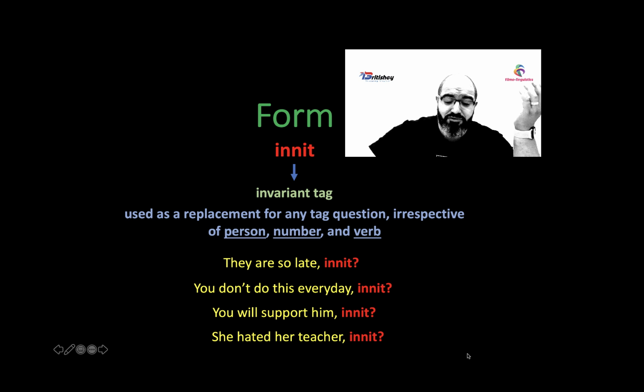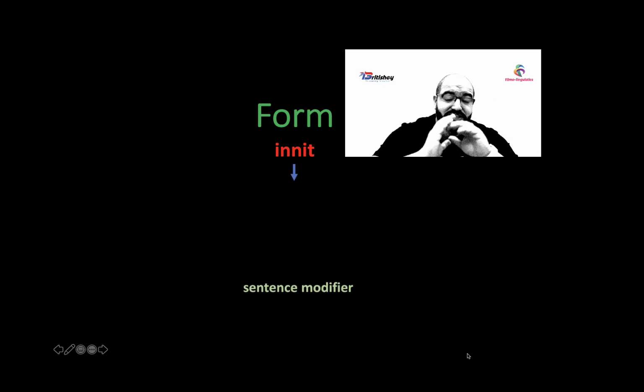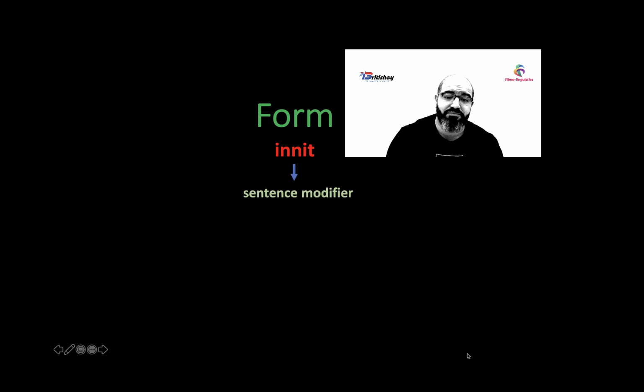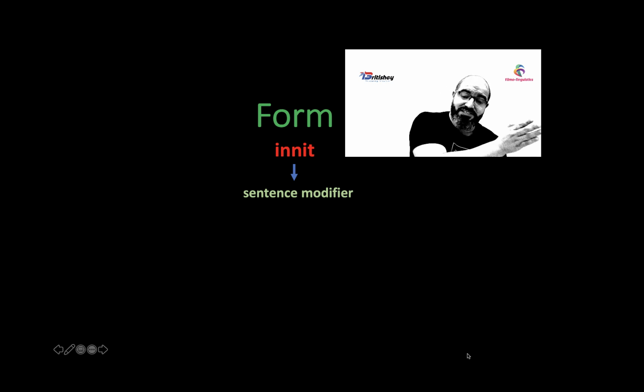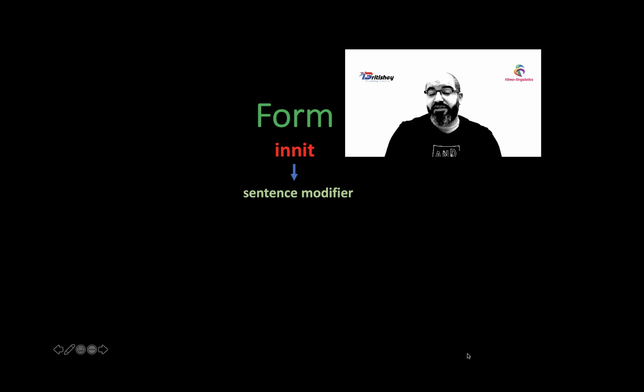Now, another part of form is that innit is a sentence modifier. What do we mean by a sentence modifier? It modifies the sentence before it because it tells the listener whether the speaker is sure or unsure of what he's just said, depending on intonation. Let's have a look at this example.